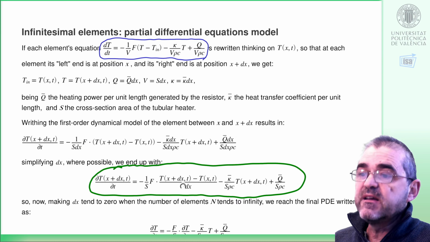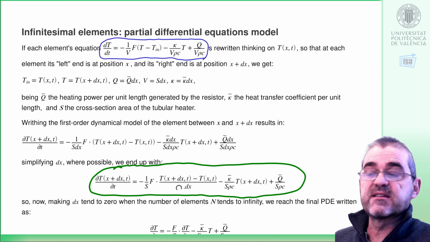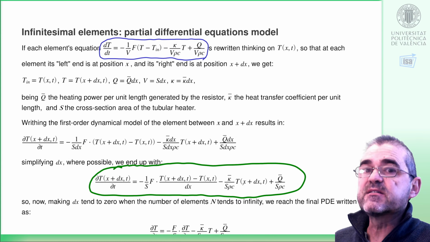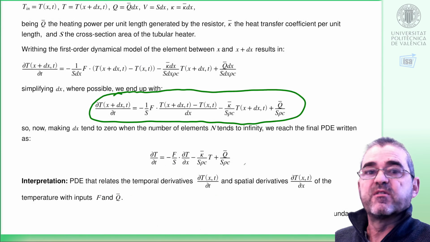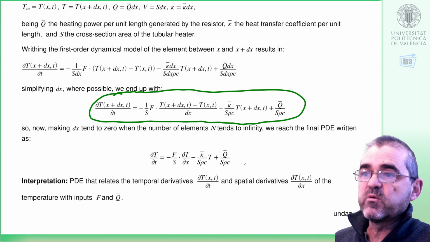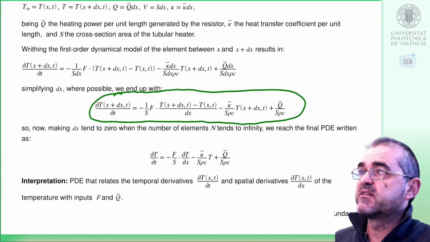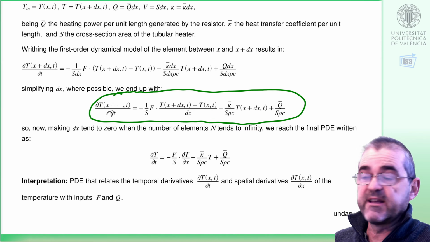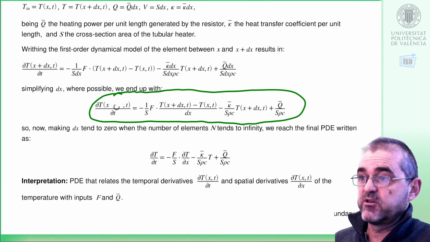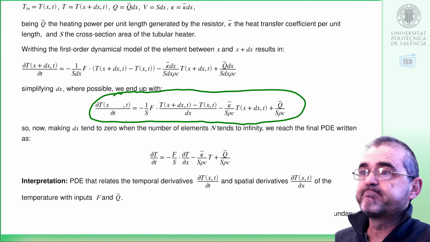It will be infinitesimal when we compute the limits of these things when dx tends to 0. The number of elements n will tend to infinity when the element length dx tends to 0. So now this time derivative when dx tends to 0 will tend to this if temperature is a continuous function.